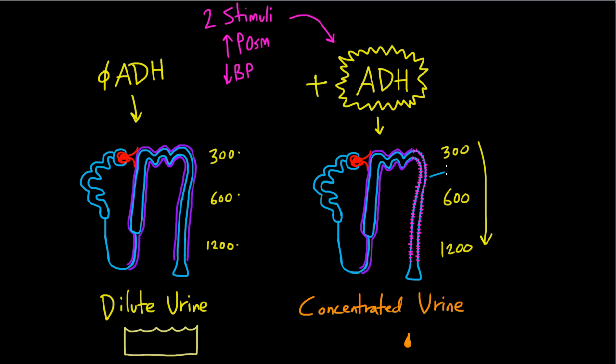In this setting, water will move out as long as there is a concentrated interstitium, and you will make a concentrated urine. And that's what I'm drawing here, a little drop of concentrated urine, where the person on this side is making lots and lots of dilute urine. Okay? So I hope that is pretty clear and can help you sort out the physiology of body fluid osmolality.